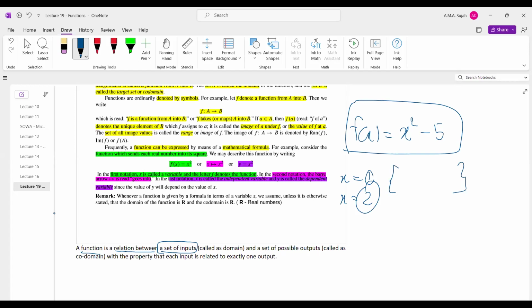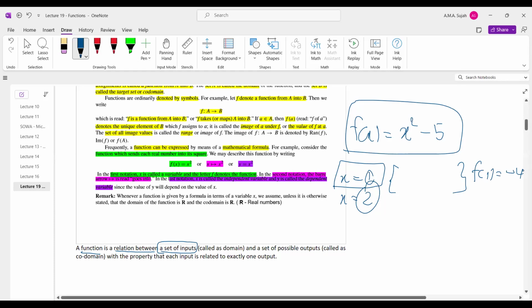Then for these inputs, we have a set of outputs, right? It means if I put 1 for x, I'm getting a value for f of 1. So f of 1 is equal to 1 minus 5, which is minus 4. So minus 4 is the output. If I put 2 here, the output is 2 to the power 2, 4, minus 5, minus 1.